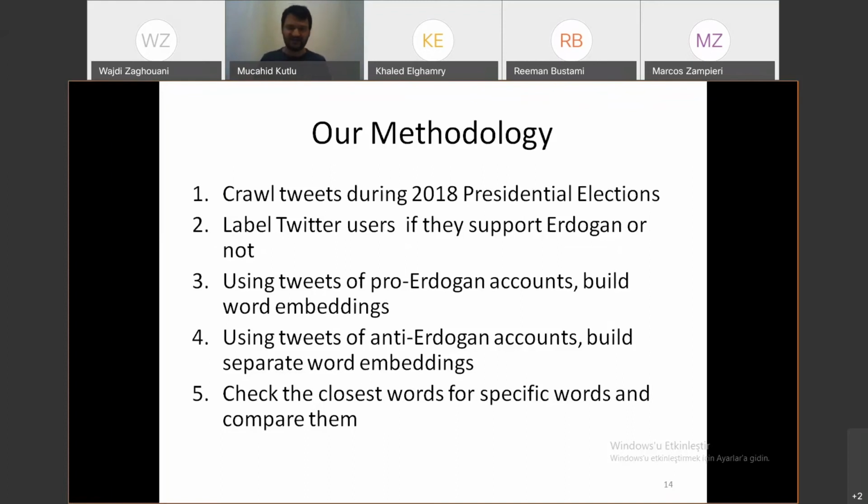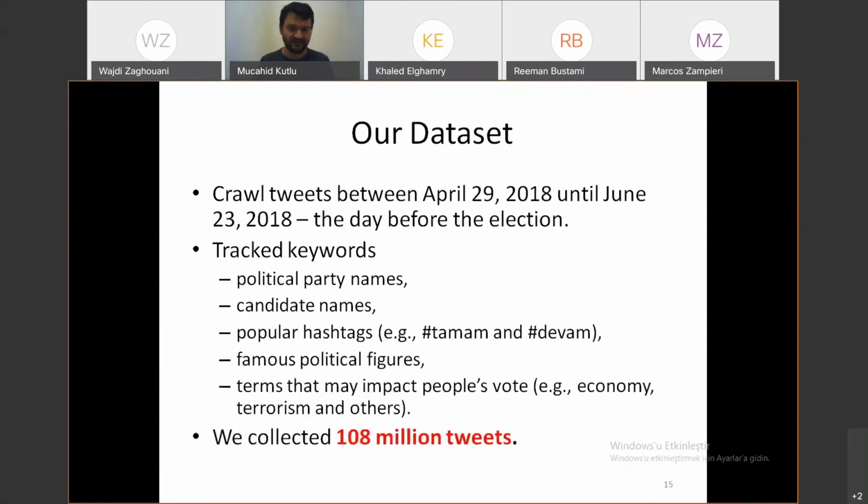And then we compared the word vectors of the same words in different models to see how their semantics changed, how their semantics are different. So to give more detail, we track keywords in our crawl, like political party names, candidate names, hashtags, different terms about politics. Eventually, we collected 108 million tweets.